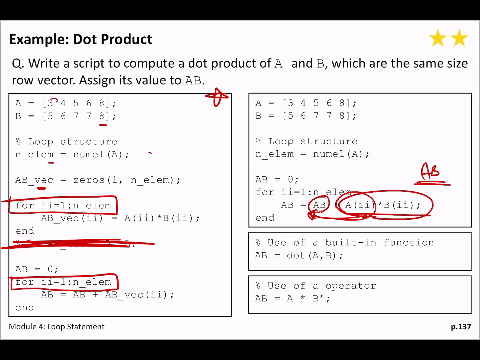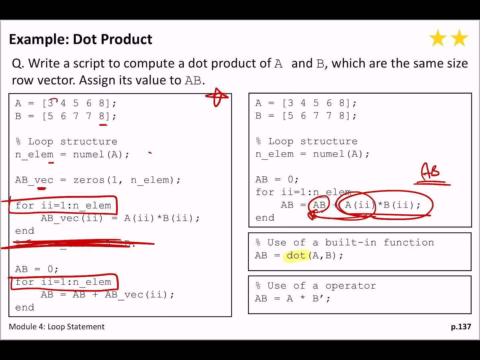You can use the built-in function. Let's Google the dot operation in MATLAB. There is a function that can perform the dot operation. The function name is dot. So you can simply place the A and B in the dot function.